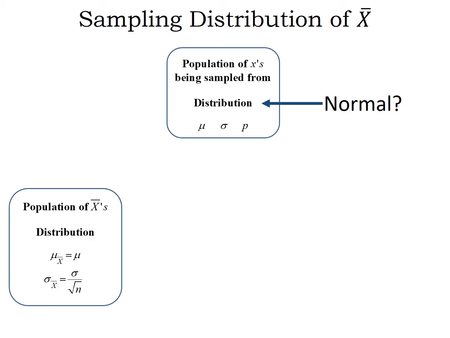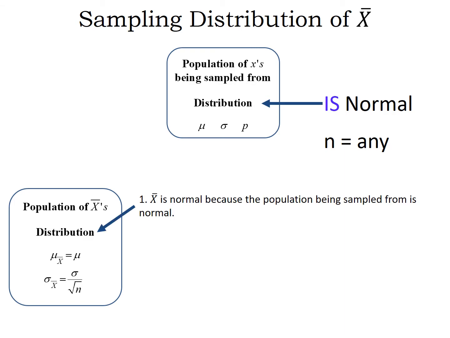So, if the population we are sampling from is normal, then it doesn't matter what the sample size is. If the population is normally distributed, then the population of sample means will be normally distributed. Period. End of story. So that's the first thing I check.